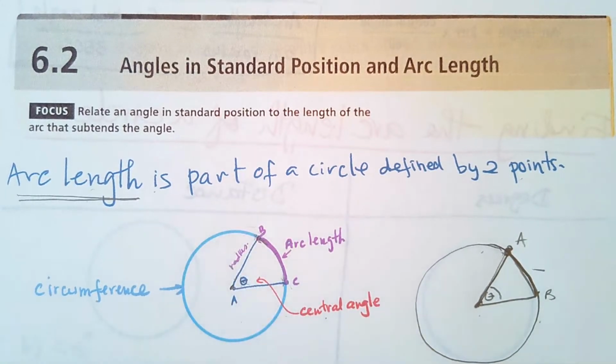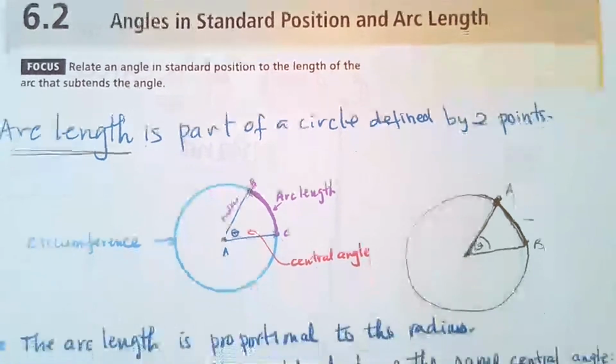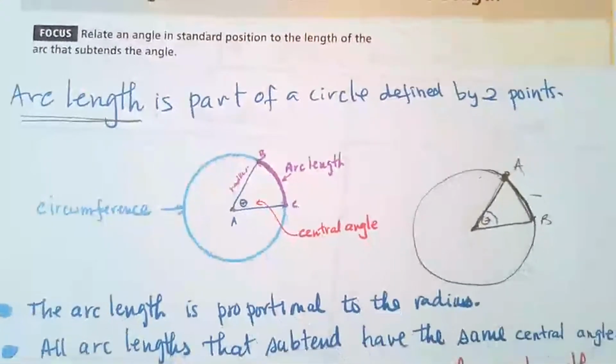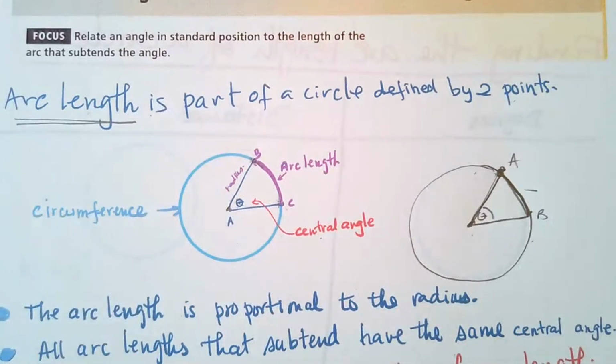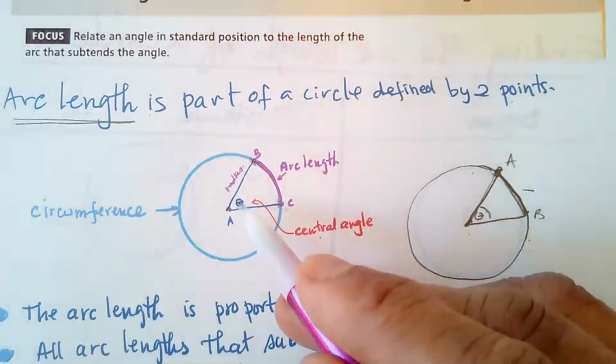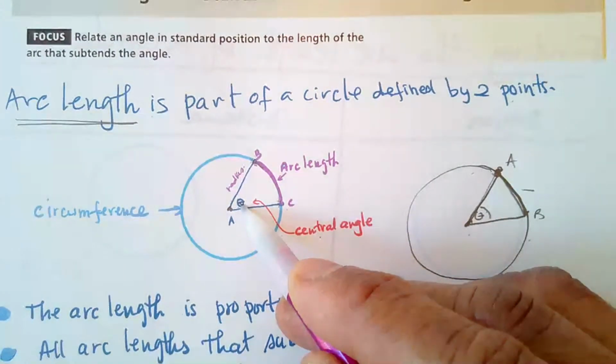That's in degrees. In the next lesson, 6.3, we will look at radians, another way of measuring it instead of degrees. This is what we call the central angle. Theta is the angle in between.